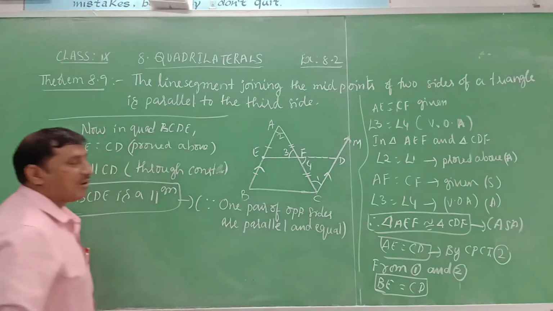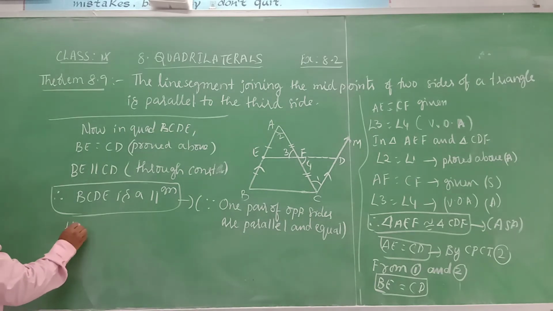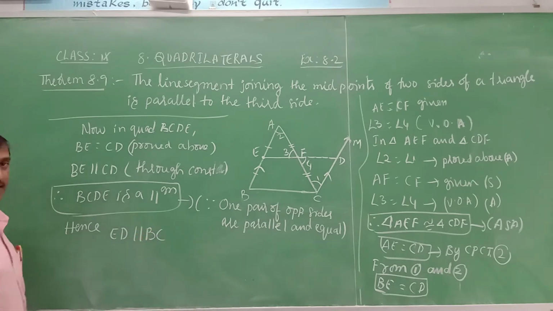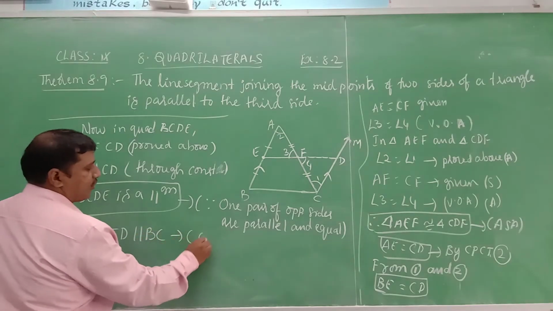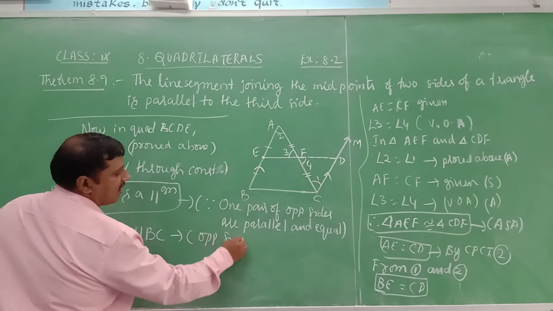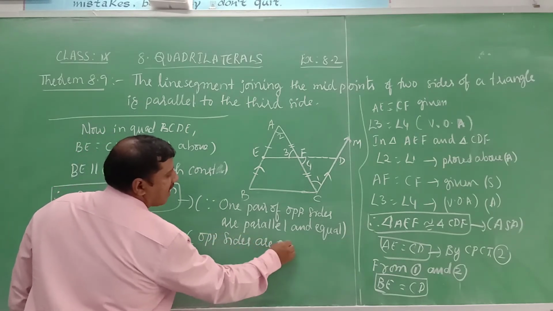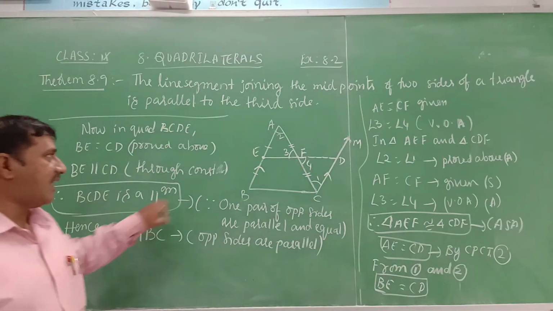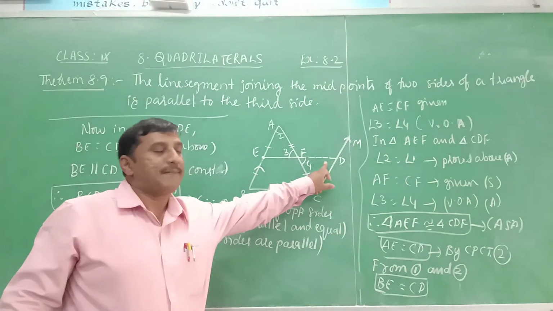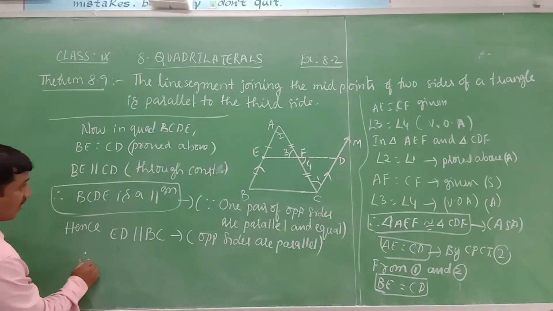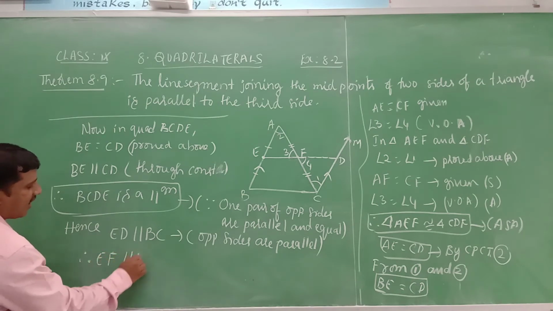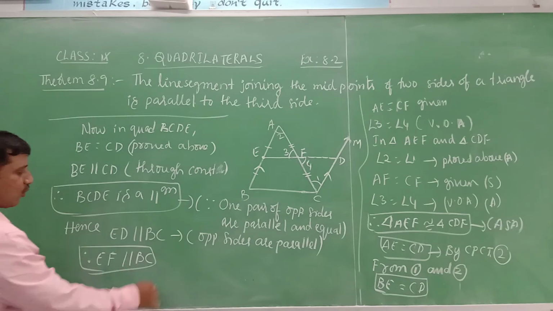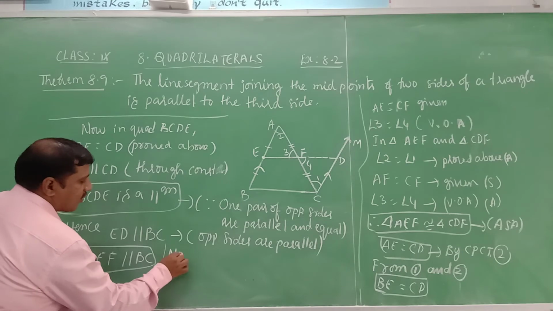Hence ED is parallel to BC, opposite sides are parallel. Now EF is a part of ED. Hence, therefore, EF is also parallel to BC. Hence, it is proved.